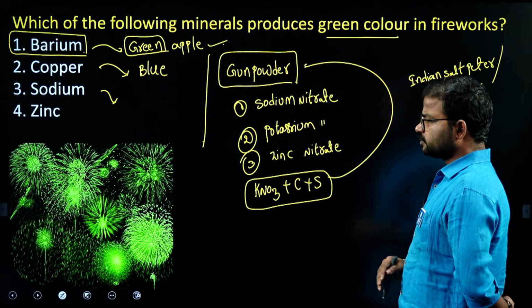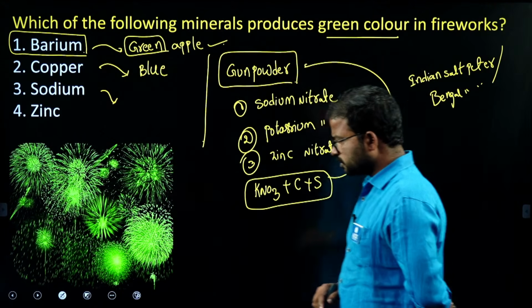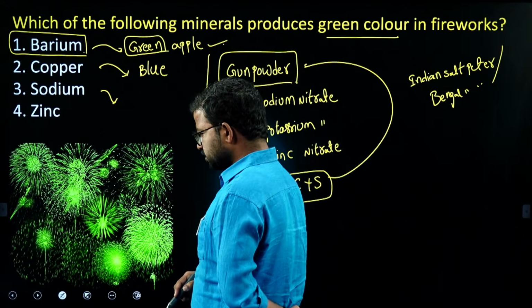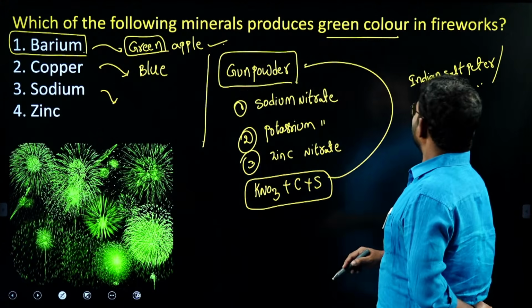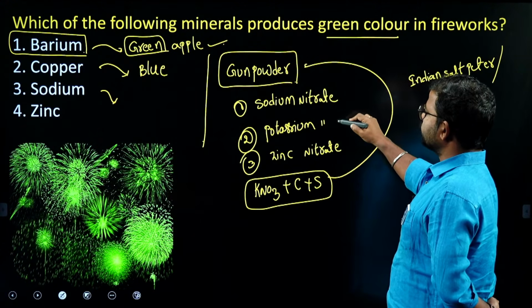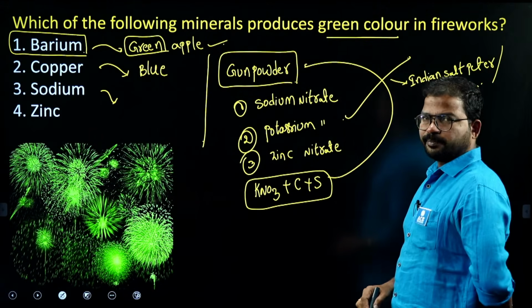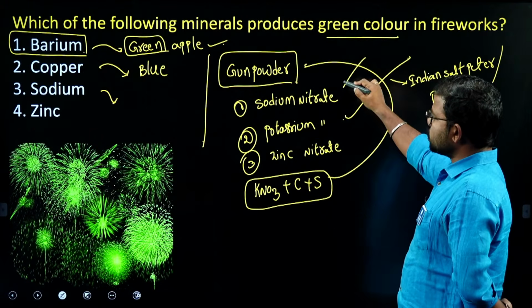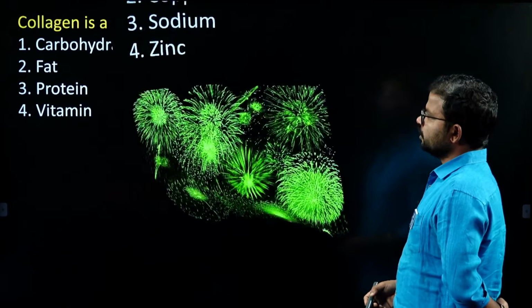Yes, very good. So potassium nitrate. Of course you're right. Potassium nitrate is treated as Indian saltpeter or Bengal saltpeter, and sodium nitrate is called Chilean saltpeter or Chile saltpeter. Okay. Next one.